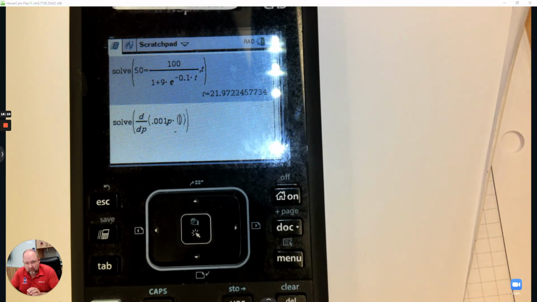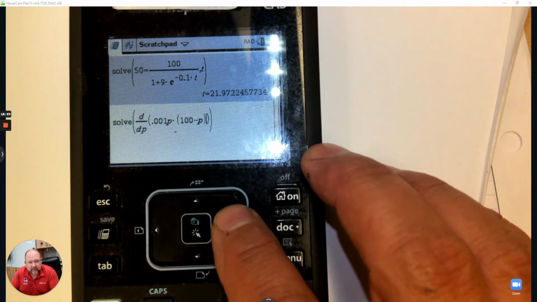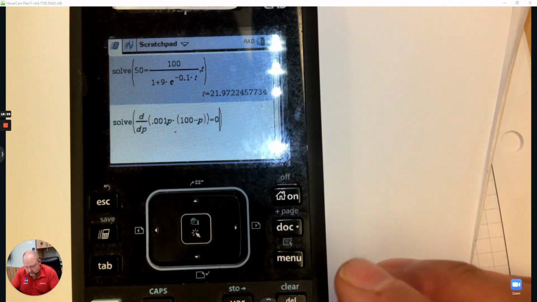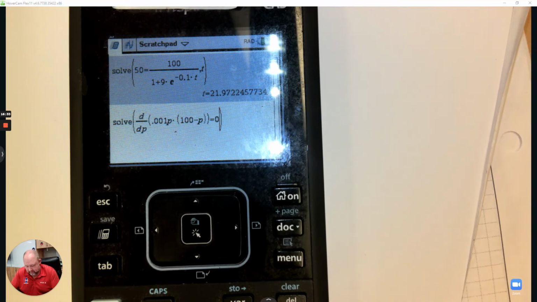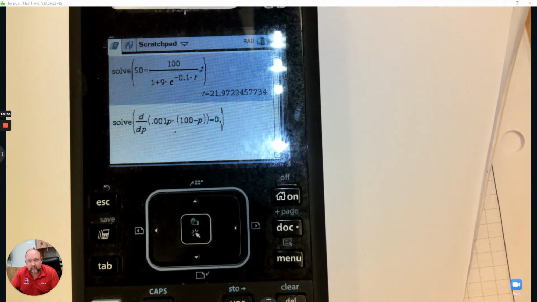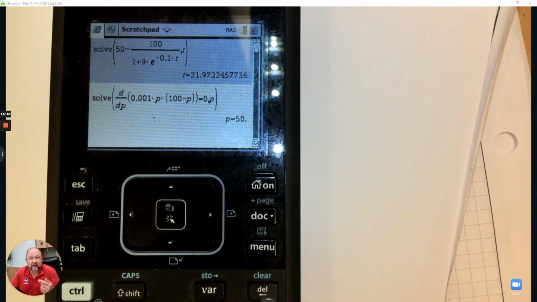So it won't understand it if I just go 0.001 p parentheses. I need times and then parentheses. And then it's 100 subtract p. Close it. It's already closed. Make it equal to 0. So to know when it's a maximum value, when it's growing the fastest, we take the derivative of that derivative equal to 0 and then comma p. And look at that. So the answer is 50.